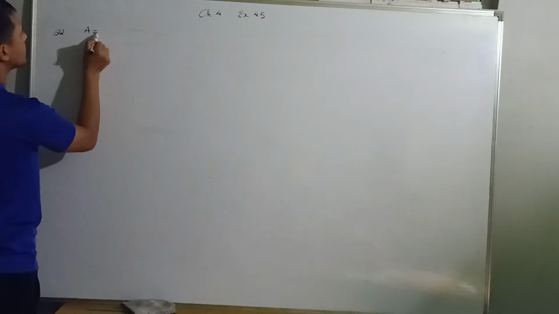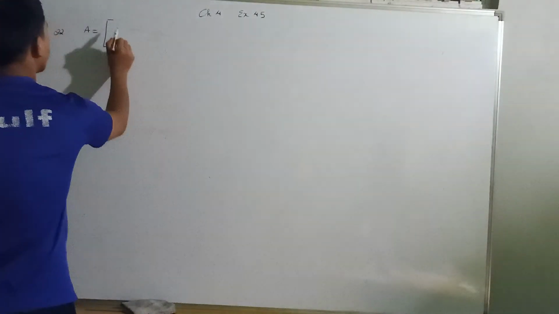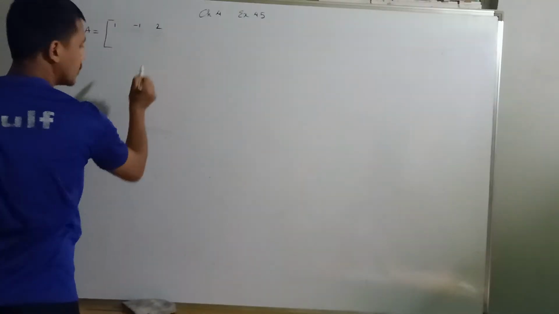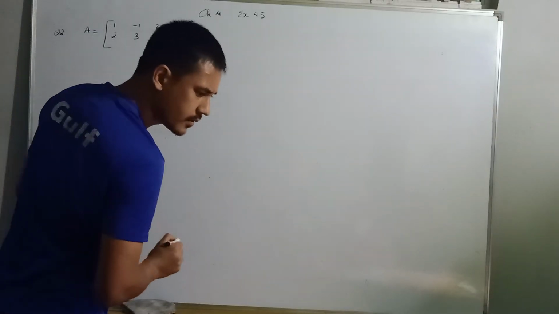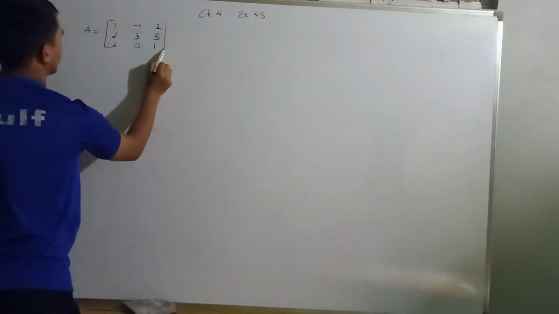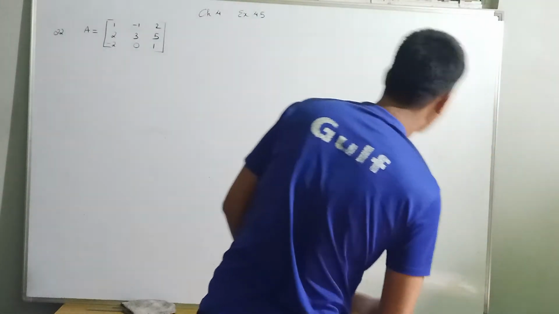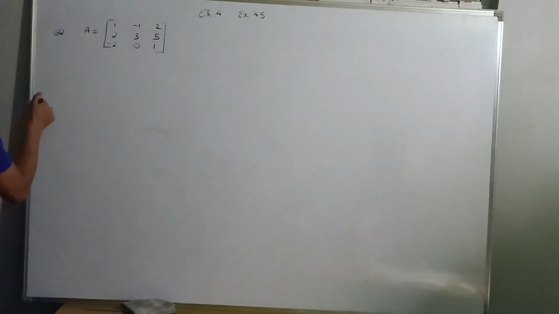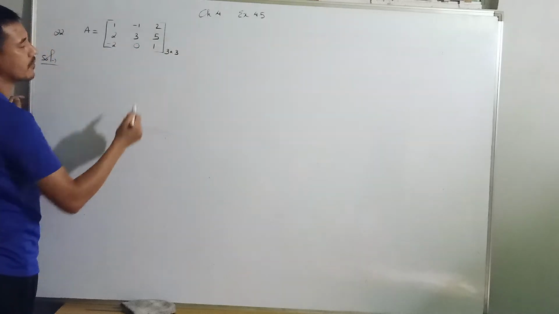Question number 2, we have a matrix A equal to [1, -1, 2; 2, 3, 5; -2, 0, 1]. So we need to find out the adjoint of this matrix. This is a 3 cross 3 matrix, a matrix of order 3.